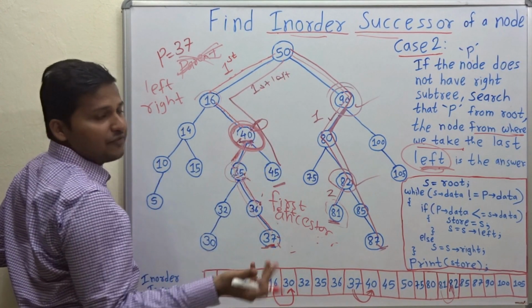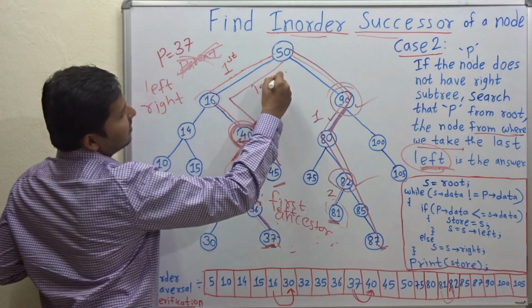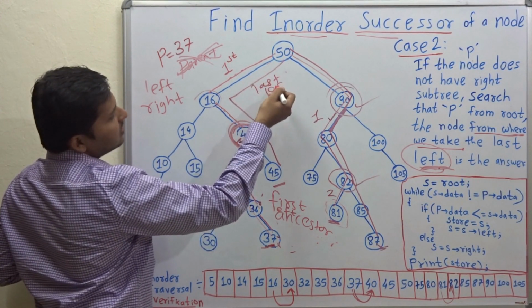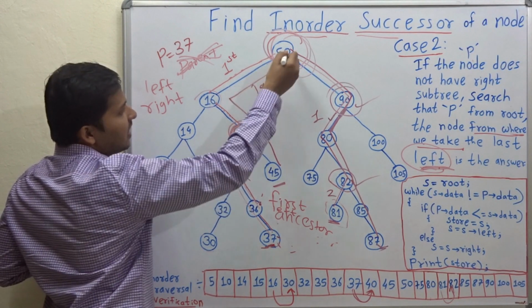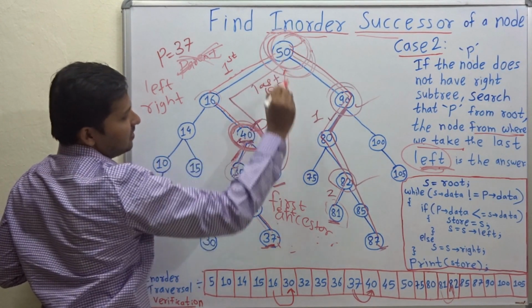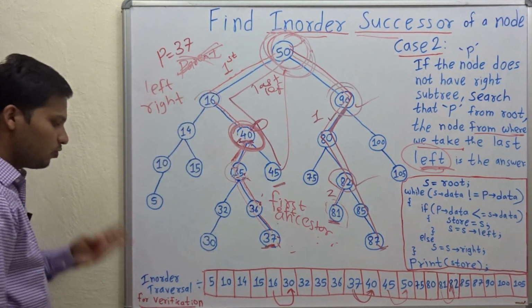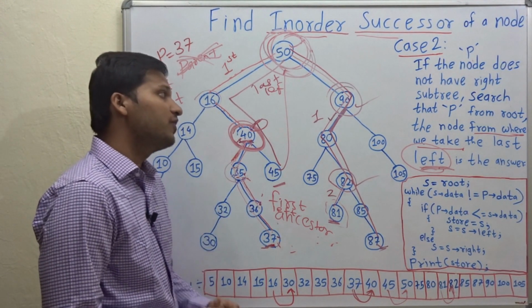There is no other left, so this first left is the last left. There is only one left in this path. The node from where we take this last left is 50, so 50 is the in-order successor. Let's check it here: 50 is the in-order successor of that node. This is how we find the in-order successor of a node.